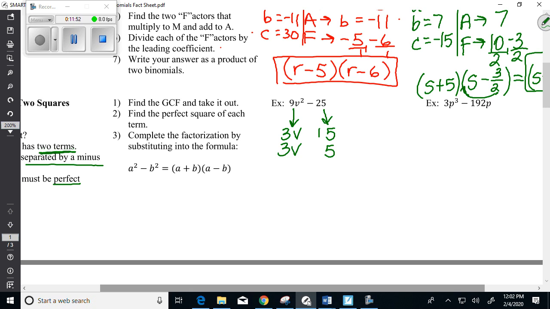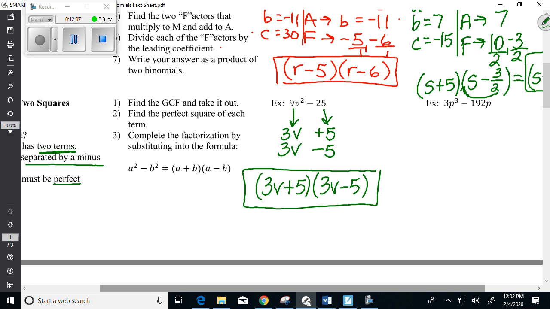So make one of them positive, one of them negative, and that takes care of your factoring. 3v plus 5, 3v minus 5. So that takes care of that.